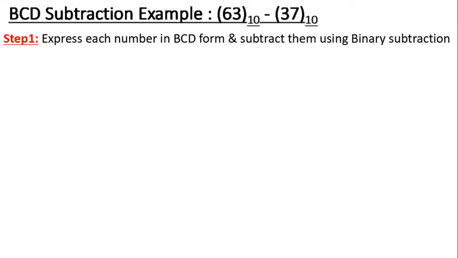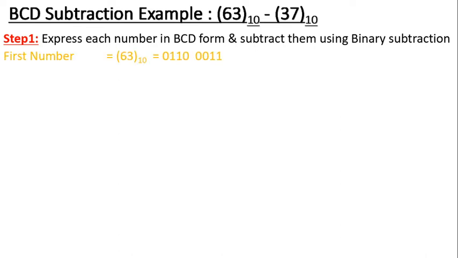So the representation of that decimal into BCD form, 4-bit nibble for each of the decimal expressed on the right side. Okay, once that expression of both the numbers is over in BCD form, then that subtraction is to be performed, binary subtraction to be performed by using binary subtraction rules.